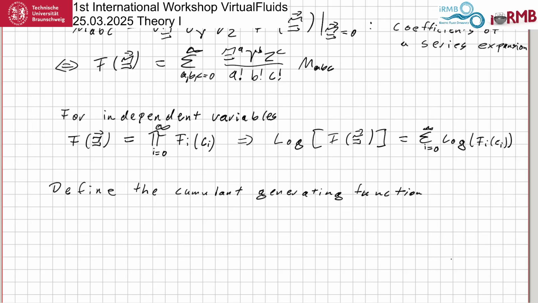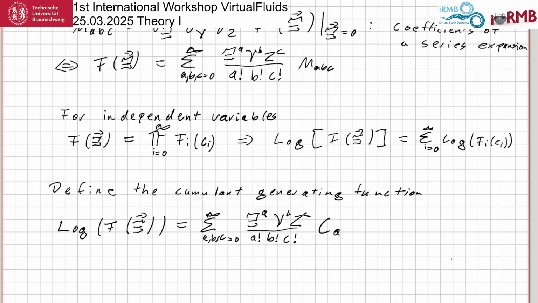Okay, so these C's we call cumulants. We take the logarithm of this f of xi, and this is the sum over a, b, and c from 0 to infinity over xi^a, epsilon^b, zeta^c.